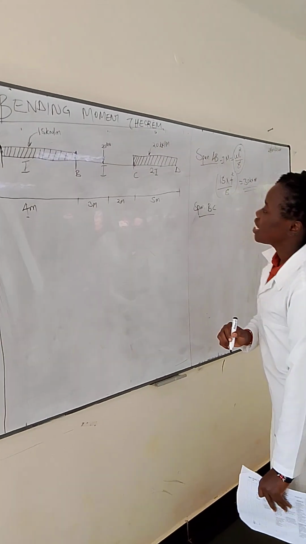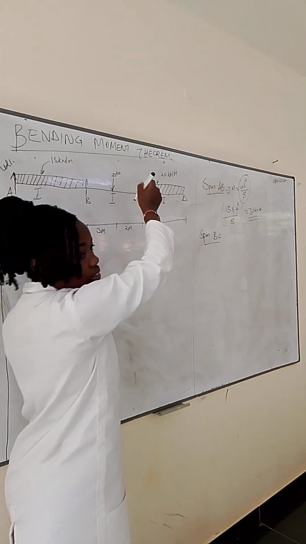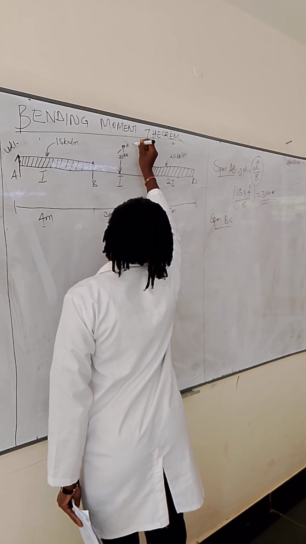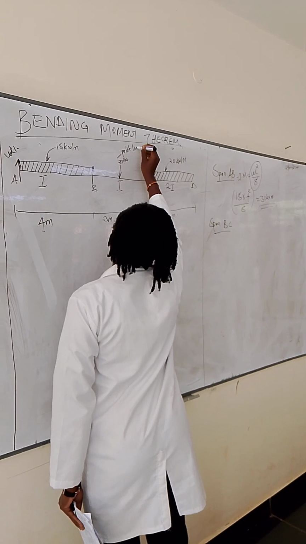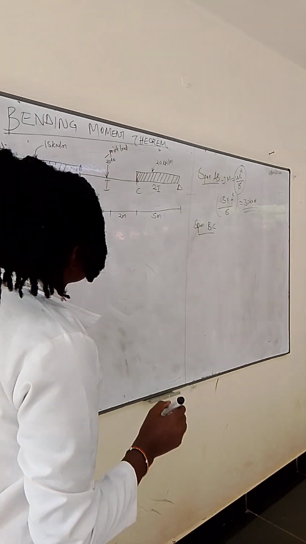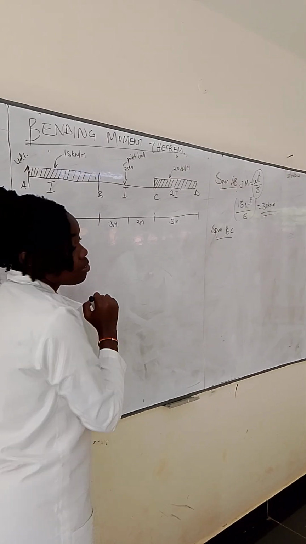So span BC, we have a load. Which type of load is this? Yes, this one is a point load. And the distance, the span there, is 5 meters.